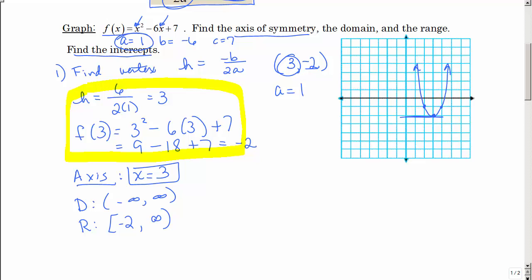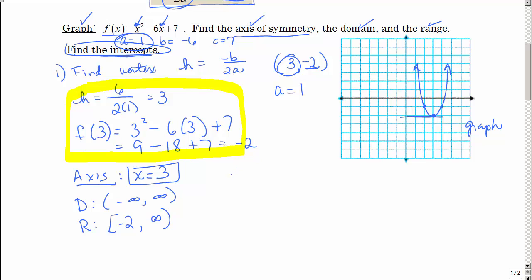What else does this problem ask us to find? We have graphed it. We've got the axis of symmetry, the domain, and the range, but what about these intercepts? We practiced that in the last lesson too. First of all, look at the graph. From the graph, can you tell me what the answer is? No. So we have to do the algebra.